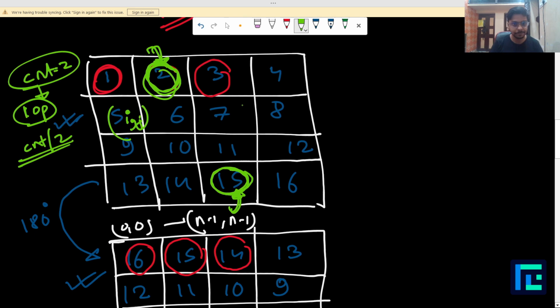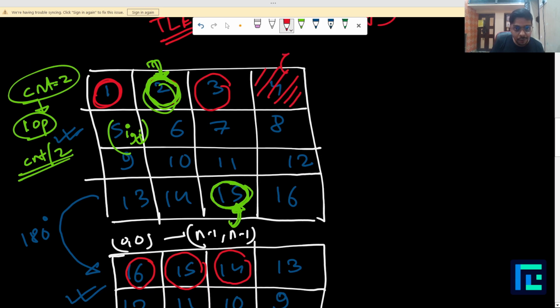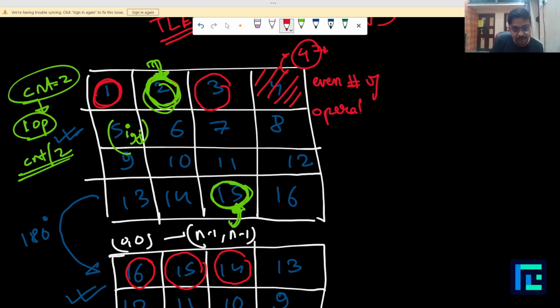What I will do? I will just go to any random cell. Let's suppose I go to cell 4 and I perform 4 operations on this cell 4. Just tell me, if initially the color of this cell 4 was red, after performing an even number of operations on this cell 4, will the color of cell 4 change?